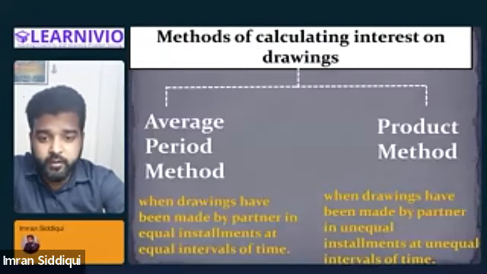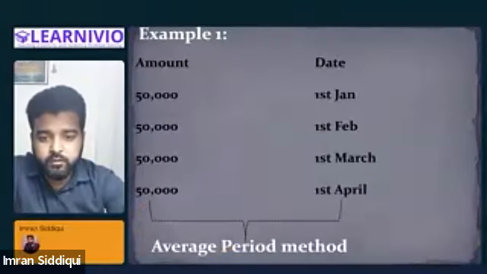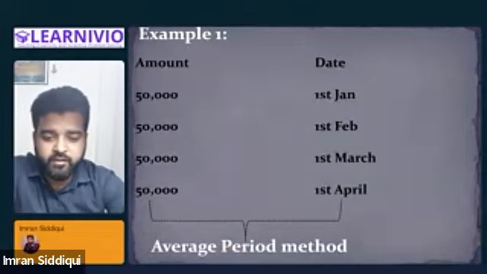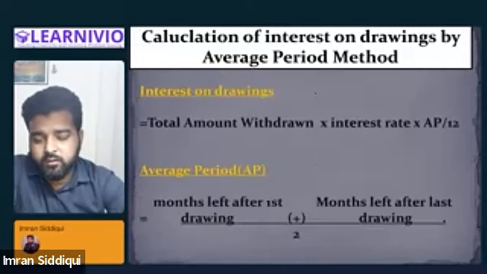Okay, so moving to the PowerPoint again. Now, in order to find out the interest by the average period method, we generally apply this formula. You're able to see the screen, I'm sure.